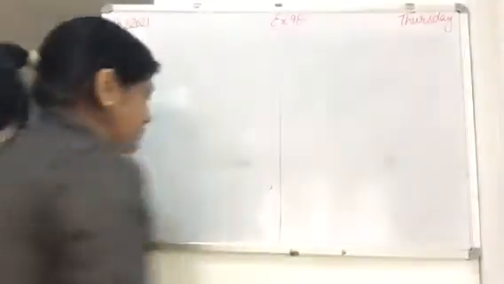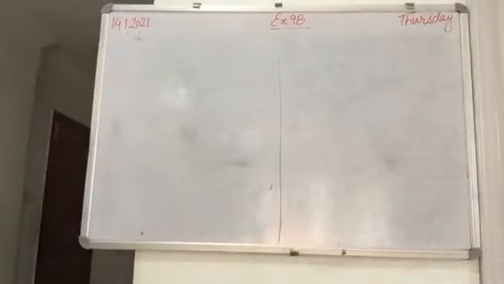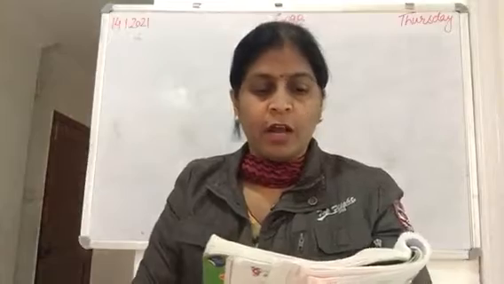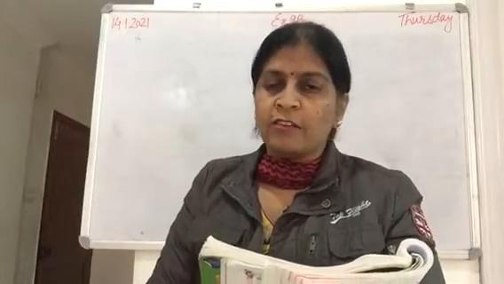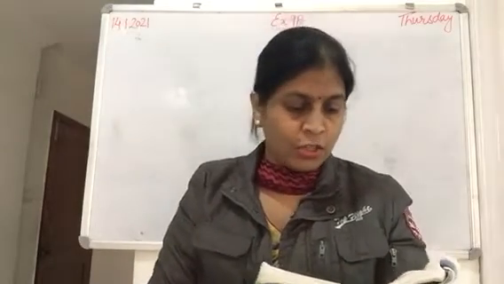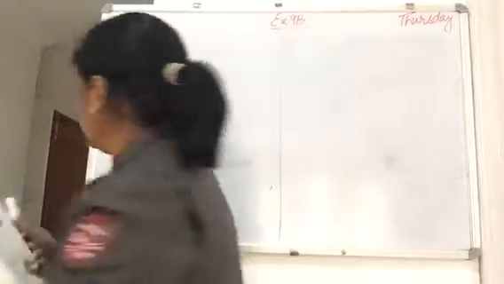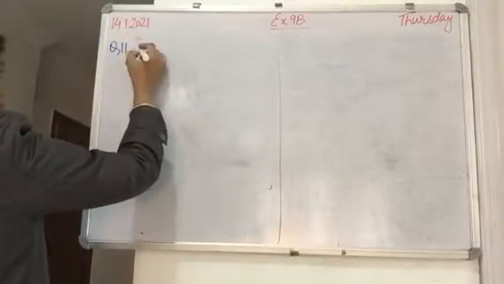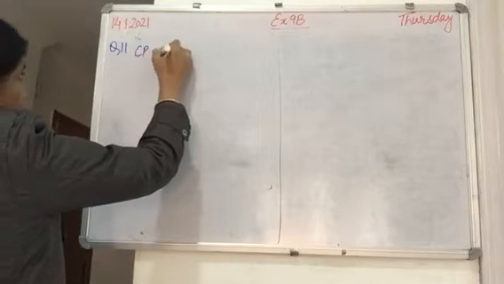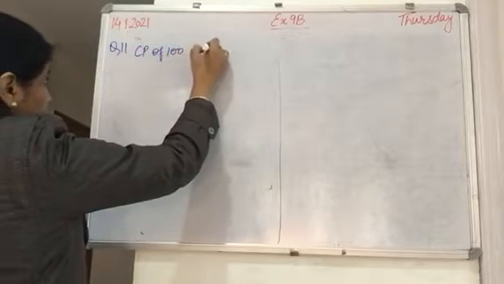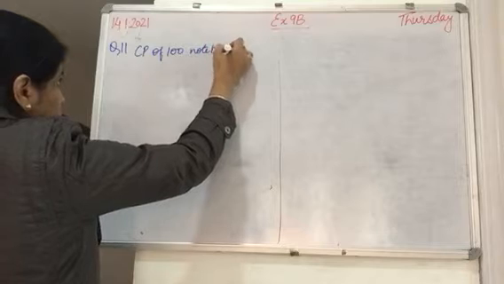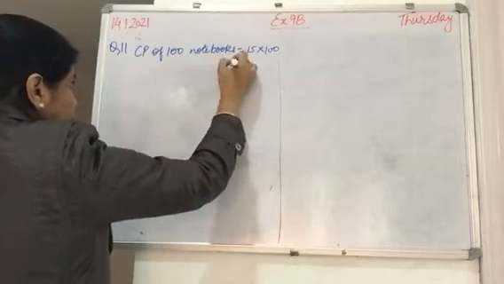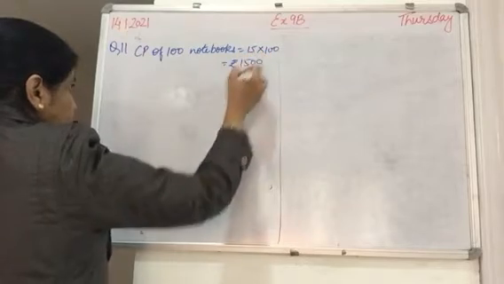The 11th question says that a shopkeeper purchased 100 notebooks for rupees 15 each. So total cost price, the cost price of 100 notebooks, equal to 15 into 100, that is rupees 1500.